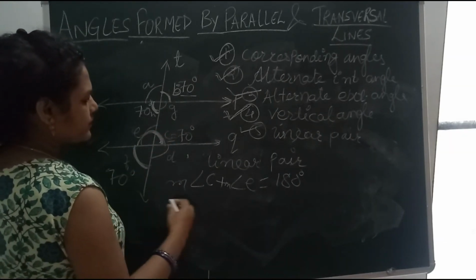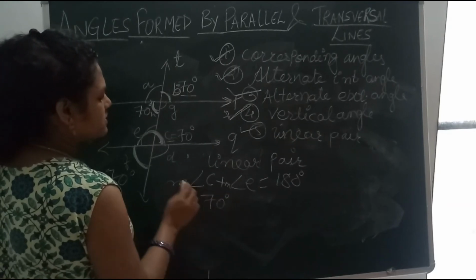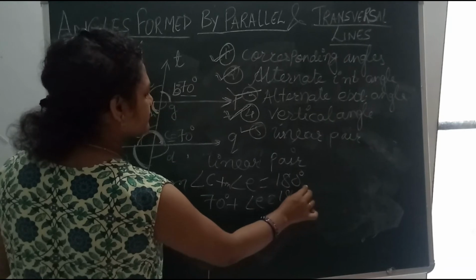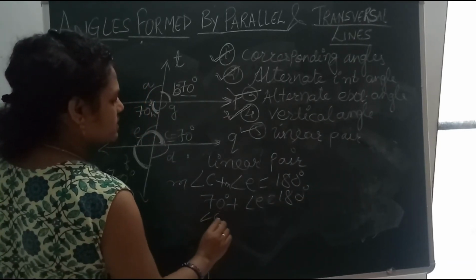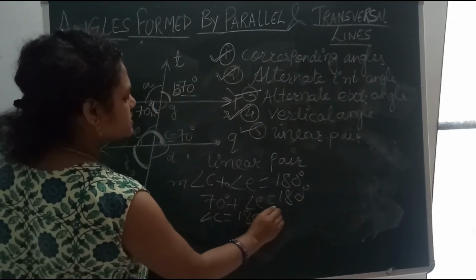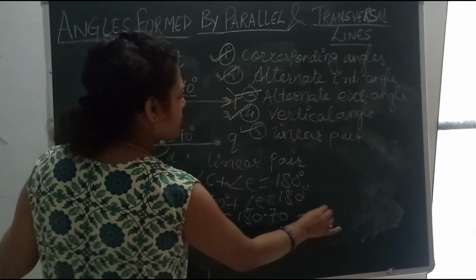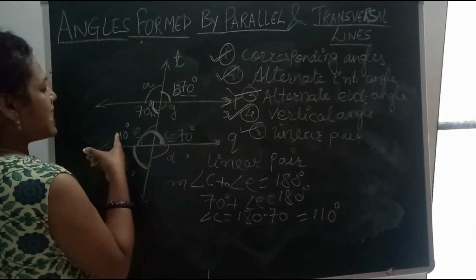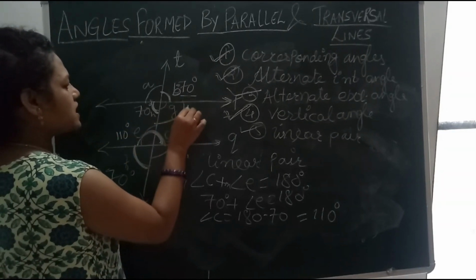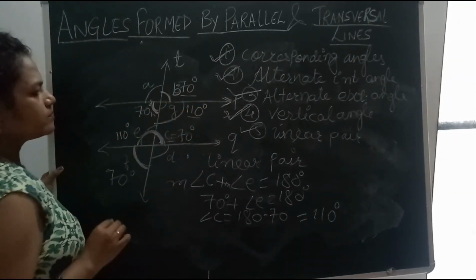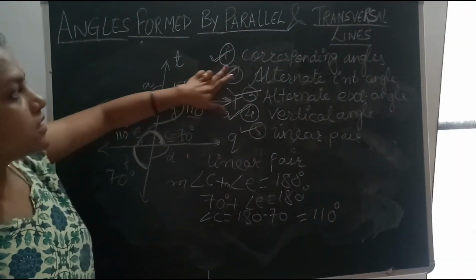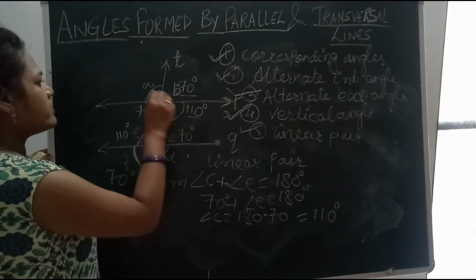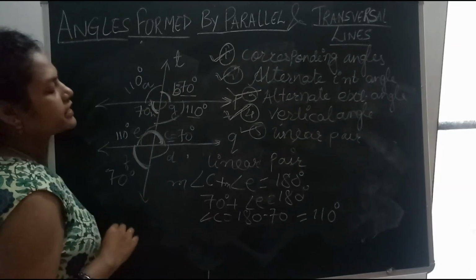So your angle C is 70 plus angle E equals 180. So angle E is equal to 180 minus 70. You will get how much? 110 degrees. Means this angle is 110. As this is 110, so this can be again 110 degrees. Again alternate interior angle. Understood?